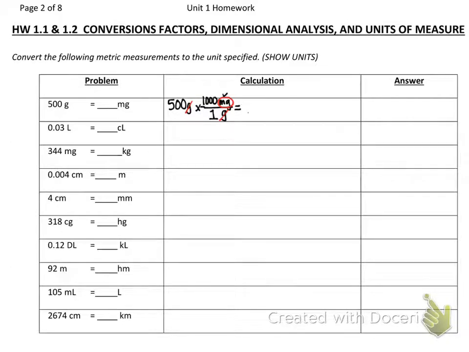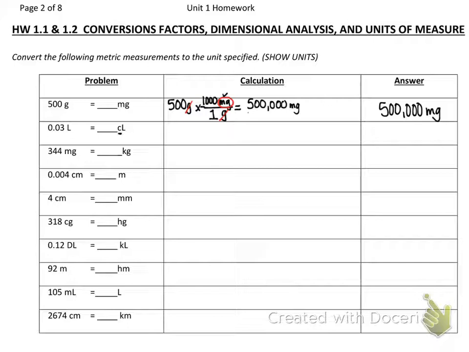Alright, so then I check with my calculator, and I take 500 times 1,000, and I end up with 500,000 milligrams. Okay, and go ahead and please write down your answer, which is 500,000 milligrams.